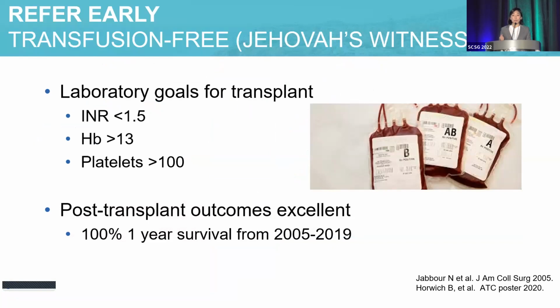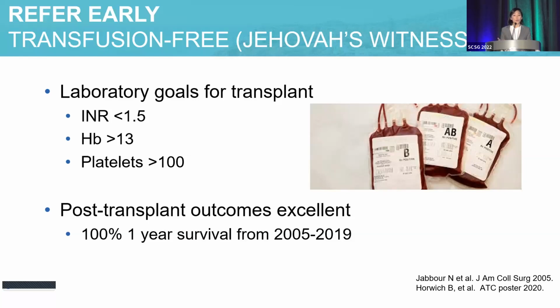Shifting to transfusion-free patients. Transfusion-free patients are unique. Most of them, the majority of them, are Jehovah's Witnesses. And there's a misconception that these patients really should be referred when they're decompensated, similar to other patients. But we really need to capture them early. These patients have to have very specific laboratory goals, according to surgeons and the anesthesiologists, to be able to perform a transplant without any blood products.